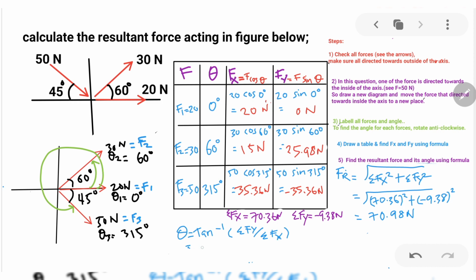Okay, so inverse tangent, sum of Fy is equal to negative 9.38 divided by 70.36, and you will get the angle for this resultant force equal to negative 7.6 degree.